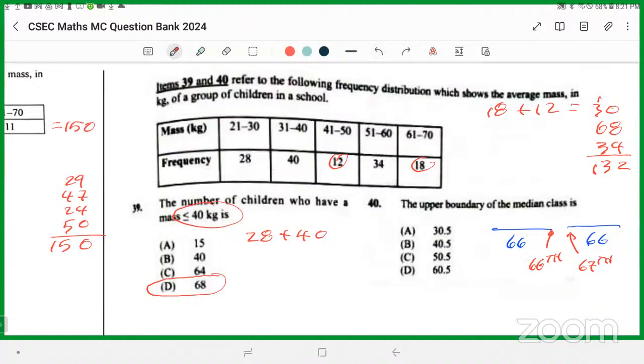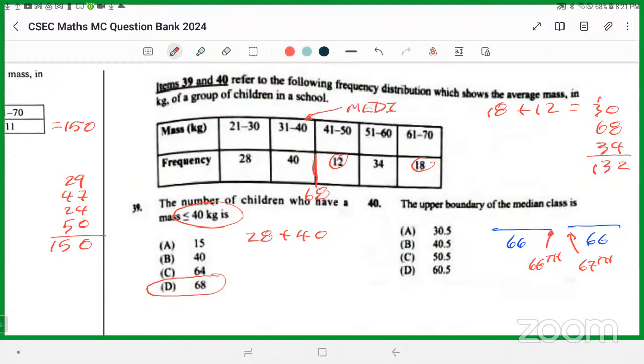So this already reads 68. So it's actually inside here. This reads 68 right here. So 28 and 40, 68. So these two values are in this group. So that's the median group.